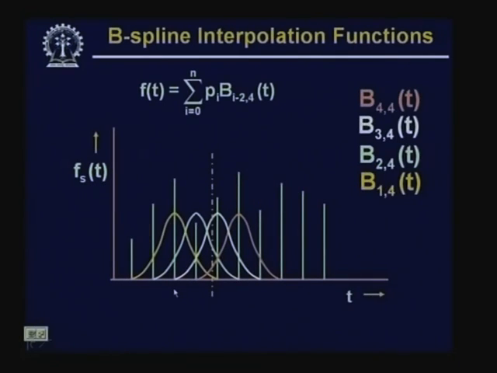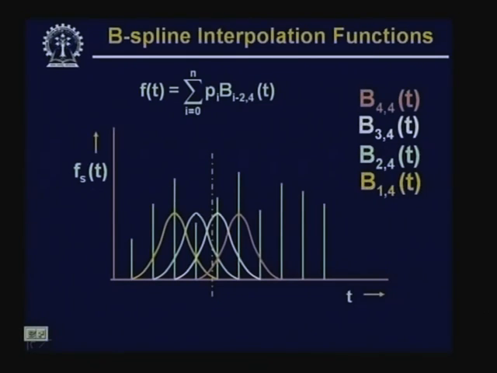By using this, now the interpolation can be obtained, if I go for cubic interpolation, as f t is equal to p I b I minus 2 4 t, where the summation has to be taken from I equal to 0 to I equal to n.